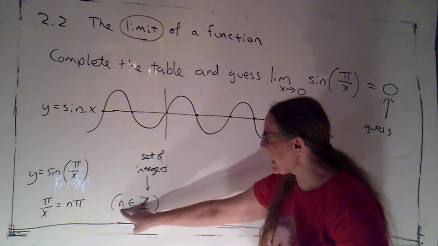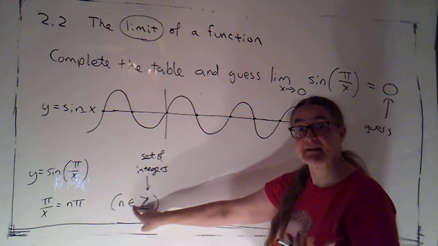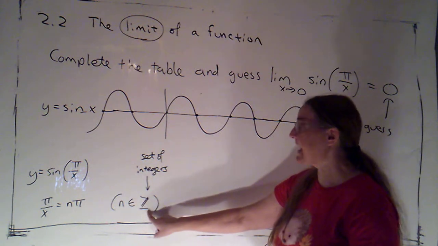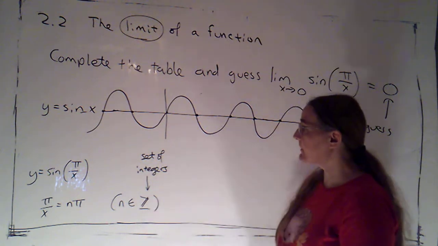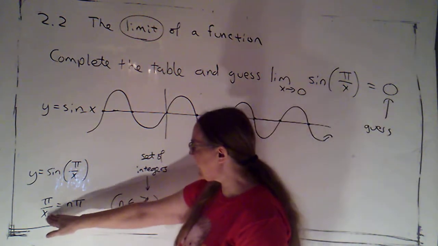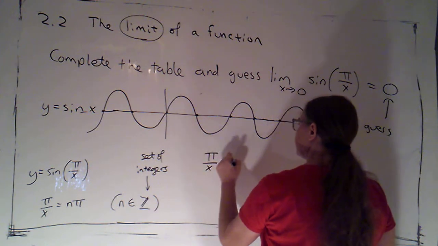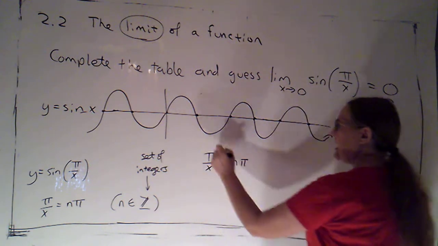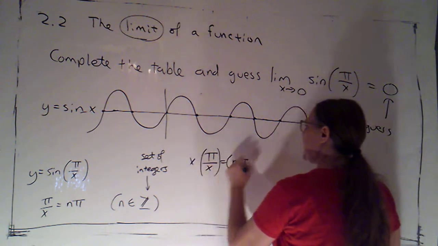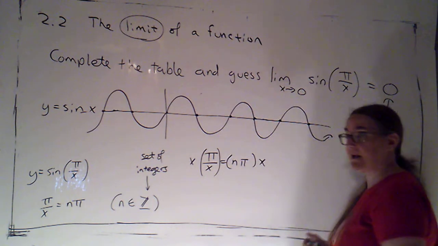So this is saying n is an element of the set of integers. Okay, well let's see if we can solve for x. If pi over x is n times pi, I'm going to multiply both sides by x to get it out of the denominator.